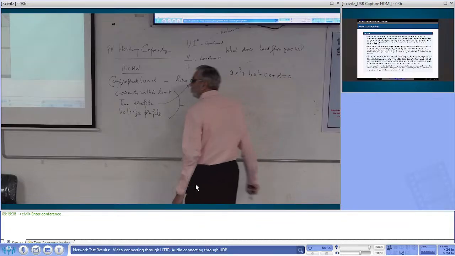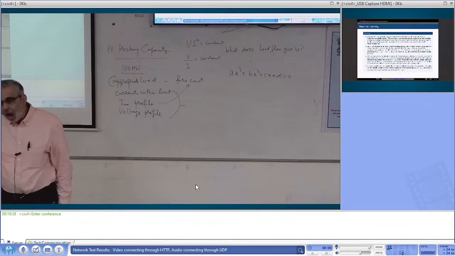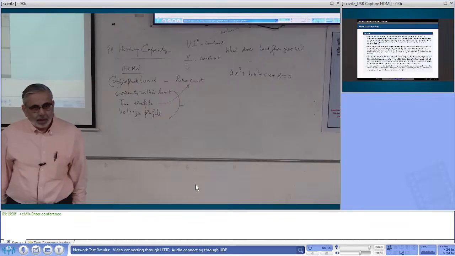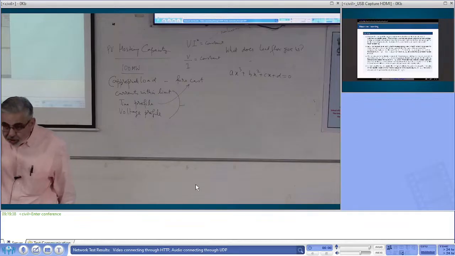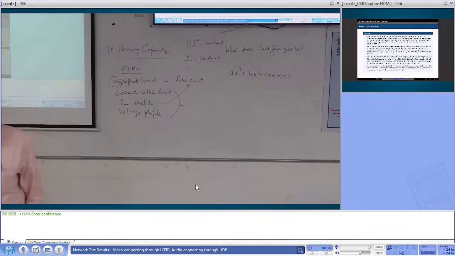Suppose I have this equation. How do I find the roots? This is a very fundamental problem, and we have to understand the process. How do I find the roots? Anything you can tell me?